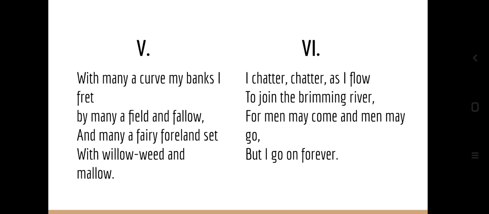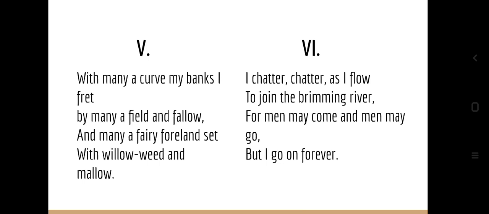By many a field and fallow. Fallow is land left uncultivated. Sometimes the land is left uncultivated, no plants are grown, just so that the soil regains its fertility. With many a fairy foreland set.